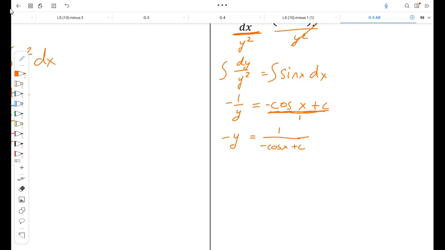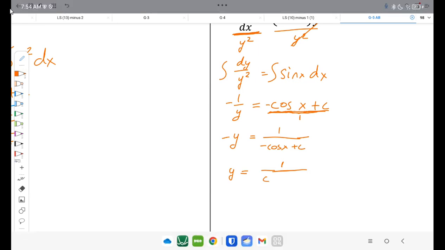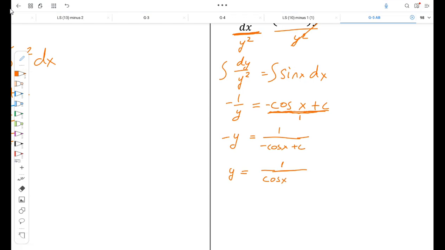Cool. And then I can multiply both sides by negative 1 to get y equals. Now I could just put a negative out in front of my fraction, and I'd be fine if this was an FRQ. But I'm going to multiply that negative inside of my denominator, which is going to give me positive cosine x. I've got to distribute it to the c, but c could be any number in the world. Does multiplying that by negative 1 change the situation?